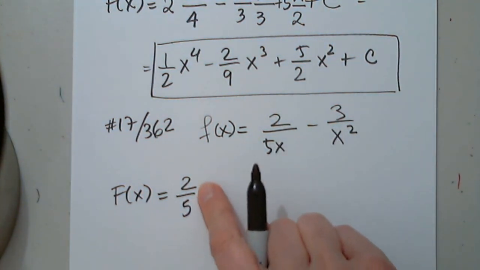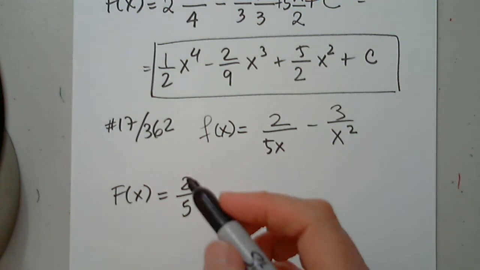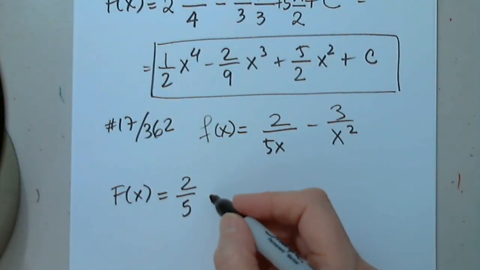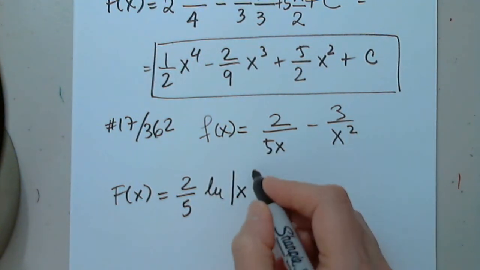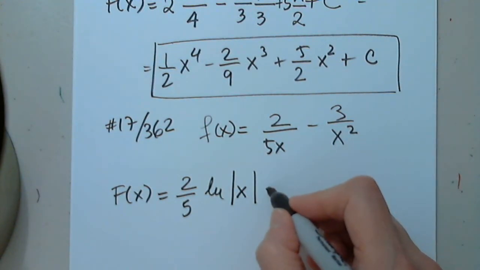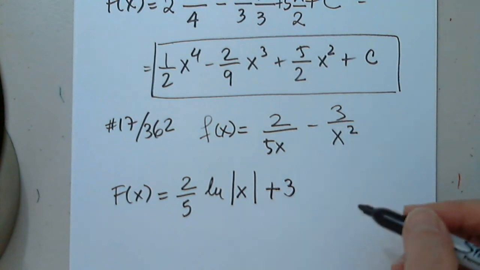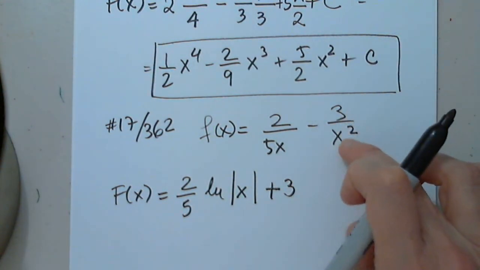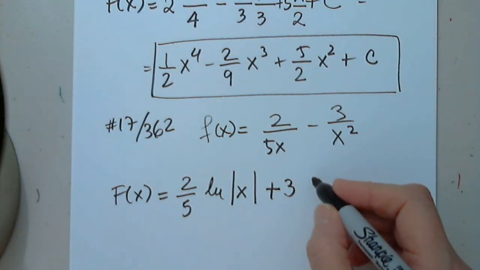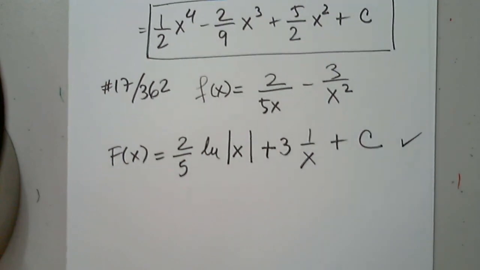What function prime is 1 over x? Natural log, ln. Very good, with the absolute value of x. Excellent. Minus, I shouldn't put minus, I should put plus 3 to give you a hint. Which function prime is negative 1 over x squared? 1 over x. That's it. Awesome. Plus a constant c. Done.